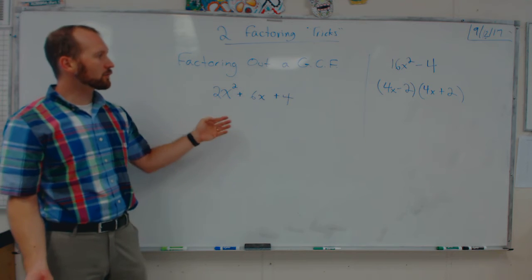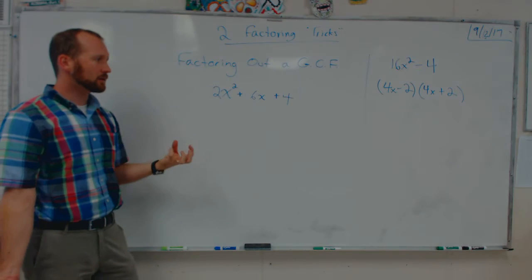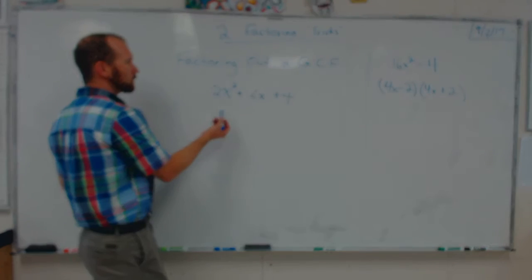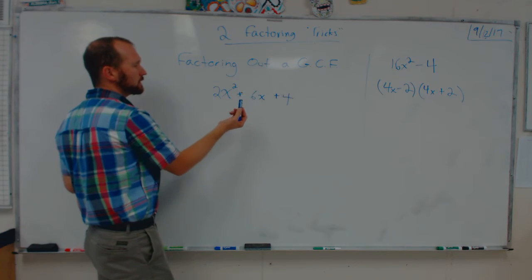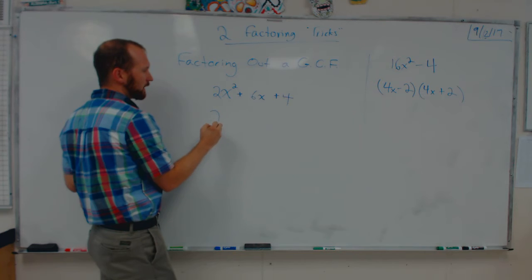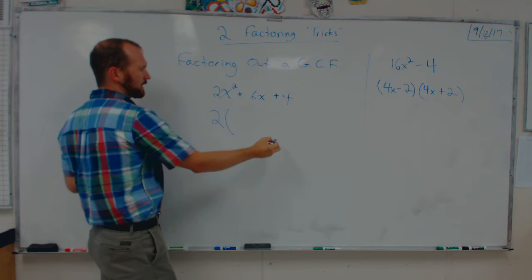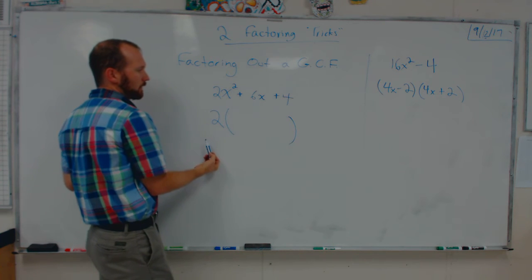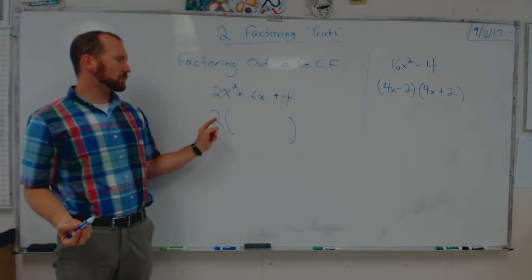But if we reverse the distributive property, if we pull that 2 back out, then you can. So what factoring out the GCF means is looking to see if every term has something in common. And then you write that out front. So every term has a 2 in it.